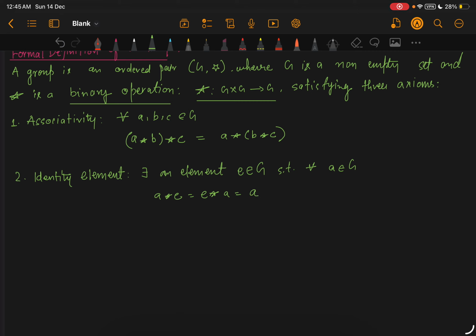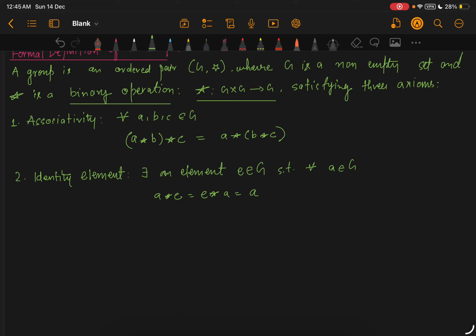Basically, if we operate e with any other element a, we get a. There exists such an element e in G always.